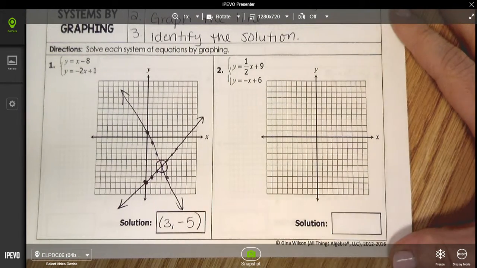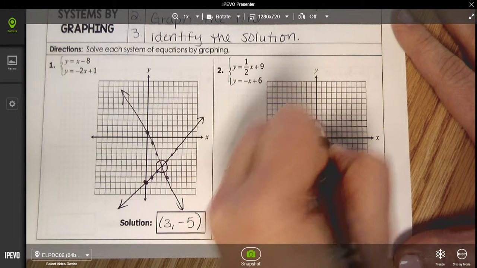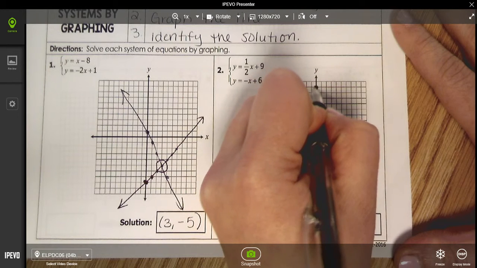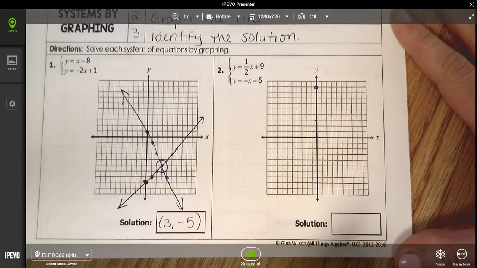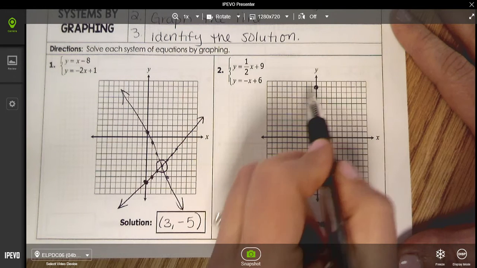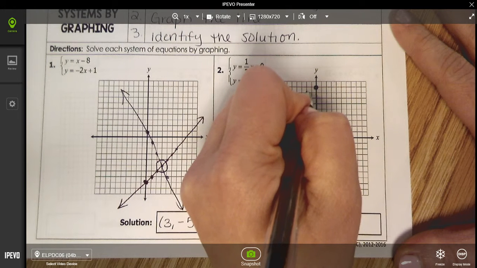All right, let's take a look at number 2. So we're going to start with that 9. So we're going to go up 9. Put your point. And then your slope is 1 over 2. So we can either go up 1 over 2 or we can go down 1 and left 2 since we're running out of room here.